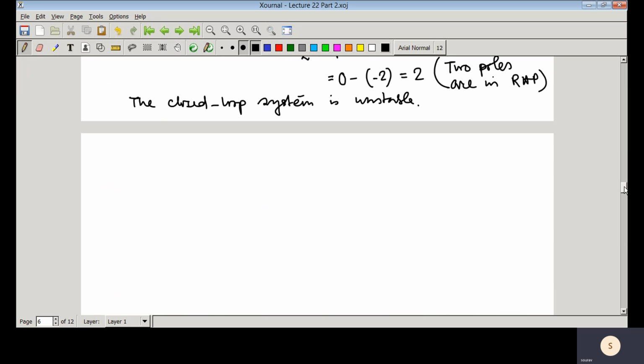So now we will see that whenever G of S, H of S has poles and or zeros on the j omega axis, what would be the Nyquist contour?